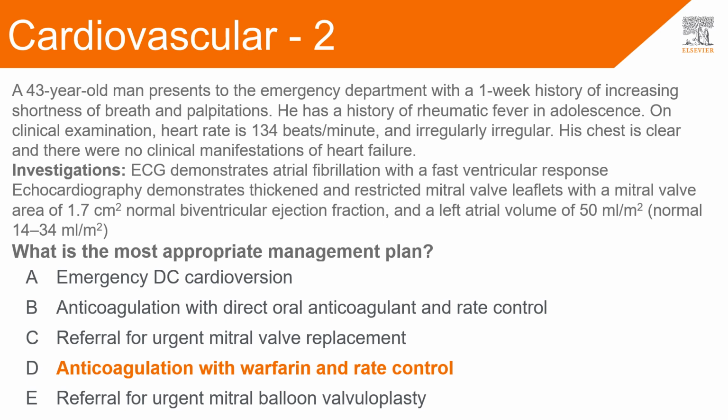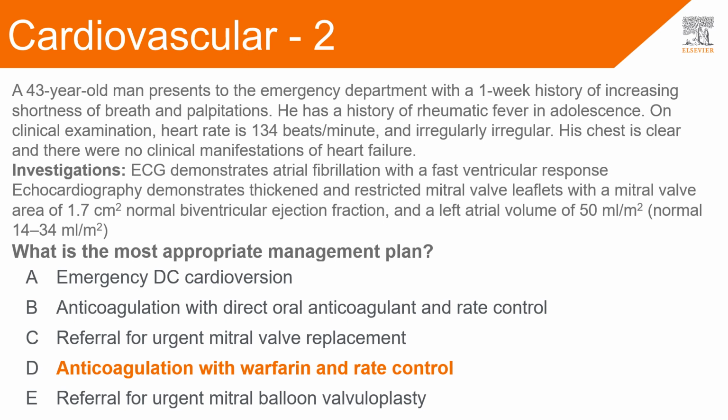The correct answer for this question is D, anticoagulation with warfarin and rate control. This is because there is a high risk of thromboembolism with atrial fibrillation with rheumatic mitral stenosis. This is what the patient has, okay? The patient has rheumatic mitral stenosis. There's a previous history of rheumatic fever in adolescence. That's what it's telling you, really.